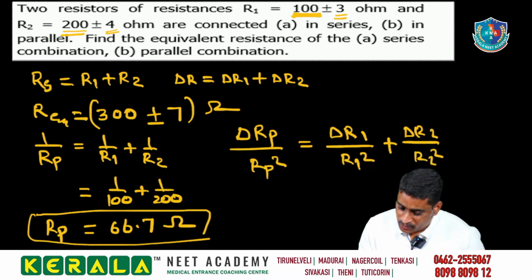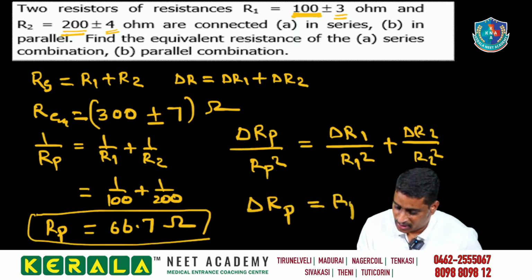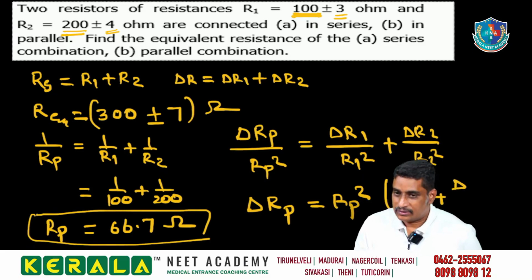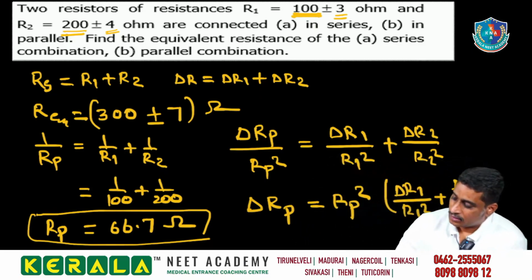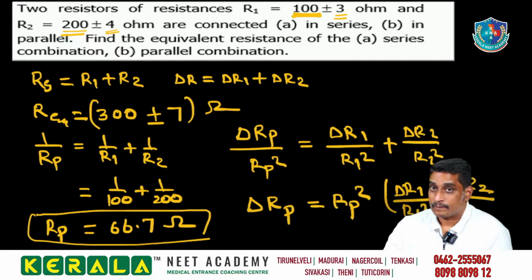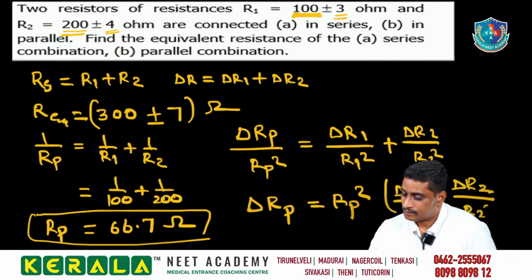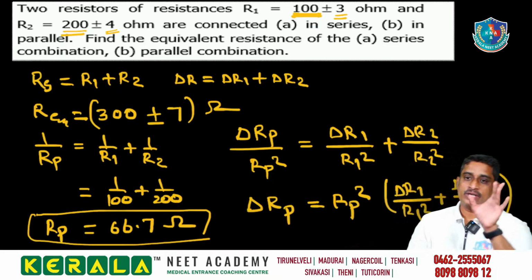From this, error in the measurement of resistance in parallel combination will be given by Rp square into delta R1 divided by R1 square plus delta R2 by R2 square is the equation we are having.